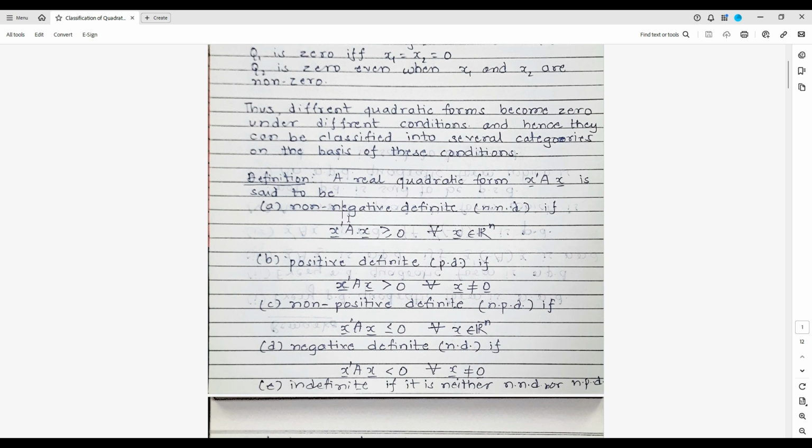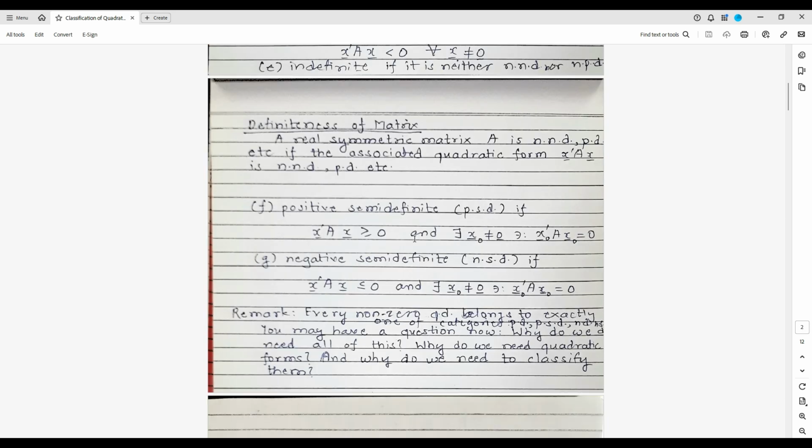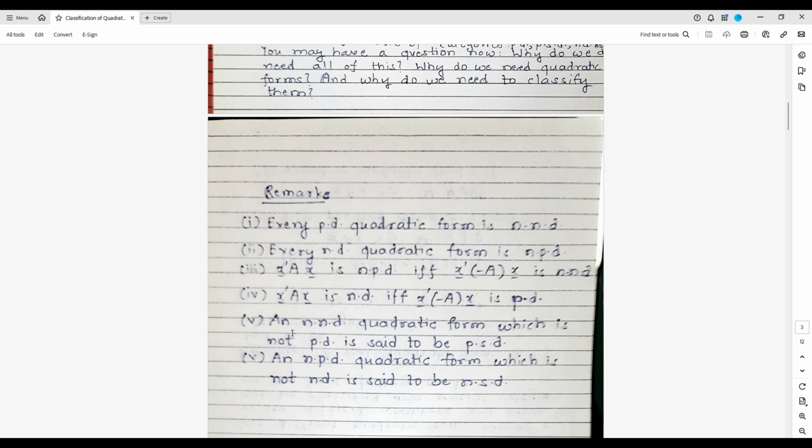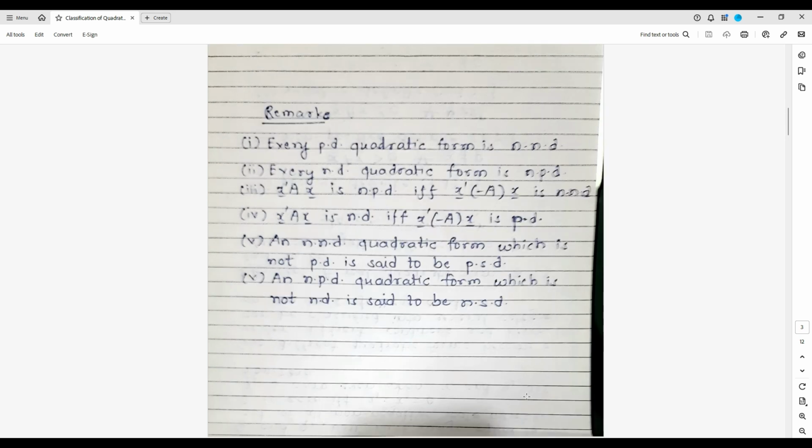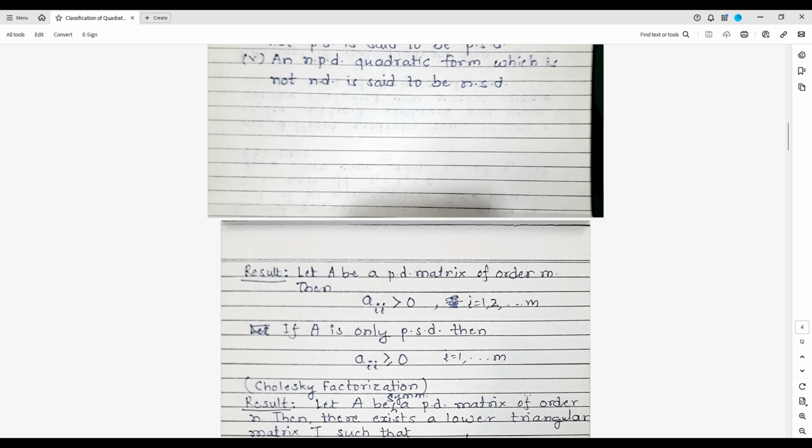So this satisfies the definition of positive semi-definite and hence we have this remark that a non-negative definite quadratic form which is not positive definite is said to be positive semi-definite. In the same manner, a non-positive definite quadratic form which is not negative definite is said to be negative semi-definite. I hope this helps you to understand the classification of quadratic forms.